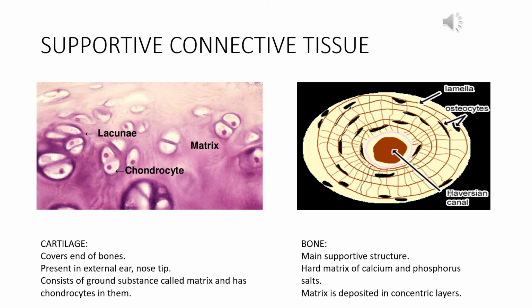Try to fold your external ear, or try to fold or move your nose tip. You can do either of them very easily, because they are not hard structures. They are somewhat soft structures. So these are the cartilage that are present in your body.